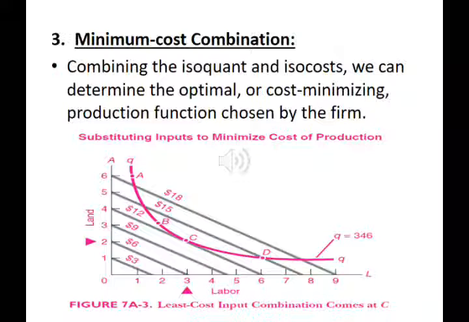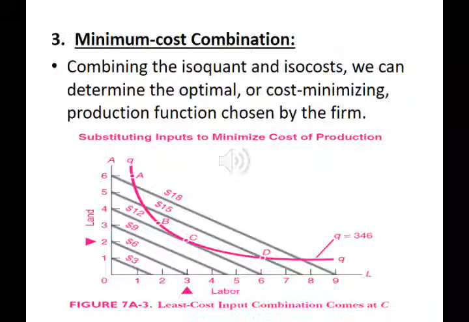So how can we use this graph in order to help the firm reach its equilibrium? The firm will keep moving along its isoquant because this is the amount of output that it really wants to produce. It will keep moving along the pink isoquant as long as it is able to cross over to lower isocosts.